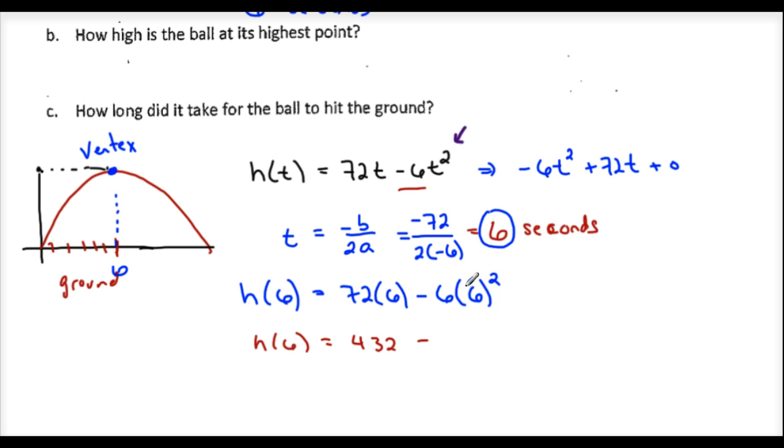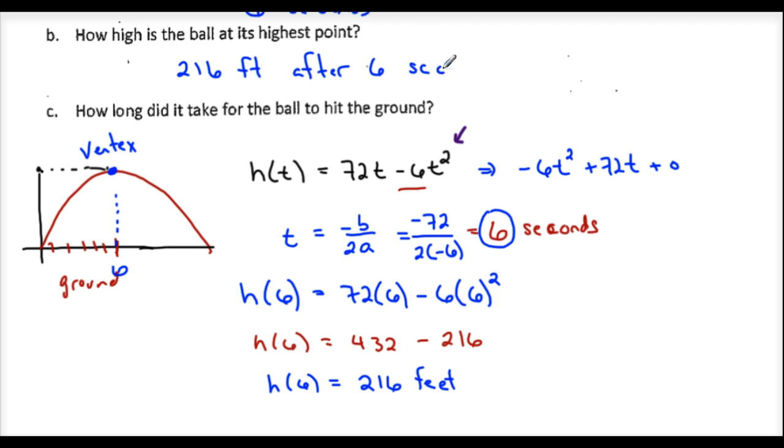Minus 6 times 6 squared. 6 squared is 36. 36 times 6 is 216. Finish it. h of 6 equals 432 minus 216. I should get an answer of 216. 216 what? Units, feet. Very good. So how high is the ball at its highest point? 216 feet after 6 seconds.